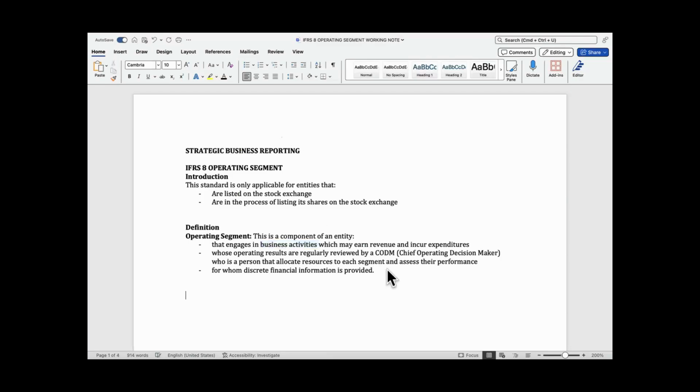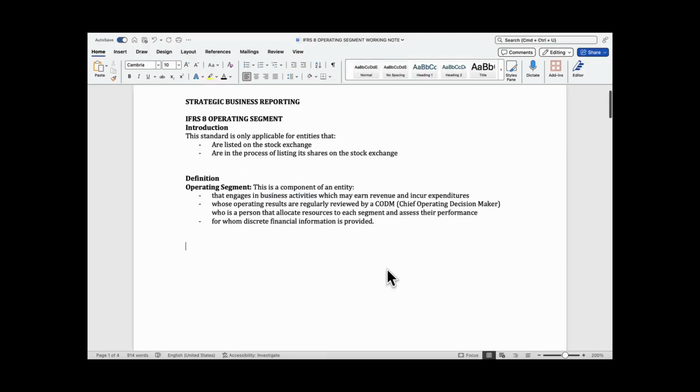Now, having understood what an operating segment is, we can then move on to reportable segments. Reportable segments. So it is on the basis of a reportable segment that we will prepare segment information.